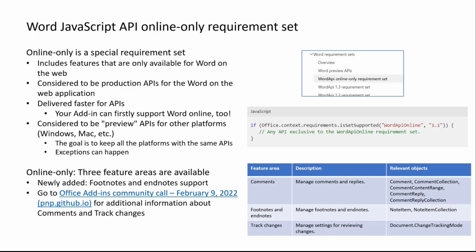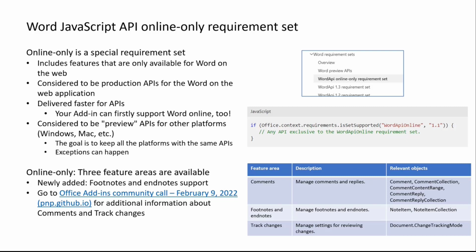This is not saying that all the future features or functions will go into this set first. We just selectively choose which APIs will go into this set. And finally, sometime in the future, all the APIs will go to multi-platform support.